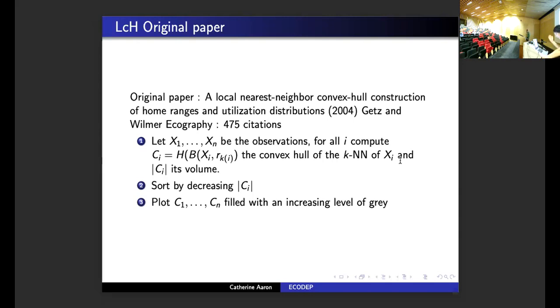We compute the convex hull and we compute its volume. We sort everything by decreasing volume, and we plot the little convex hulls with an increasing level of gray. Okay, that's what they say.